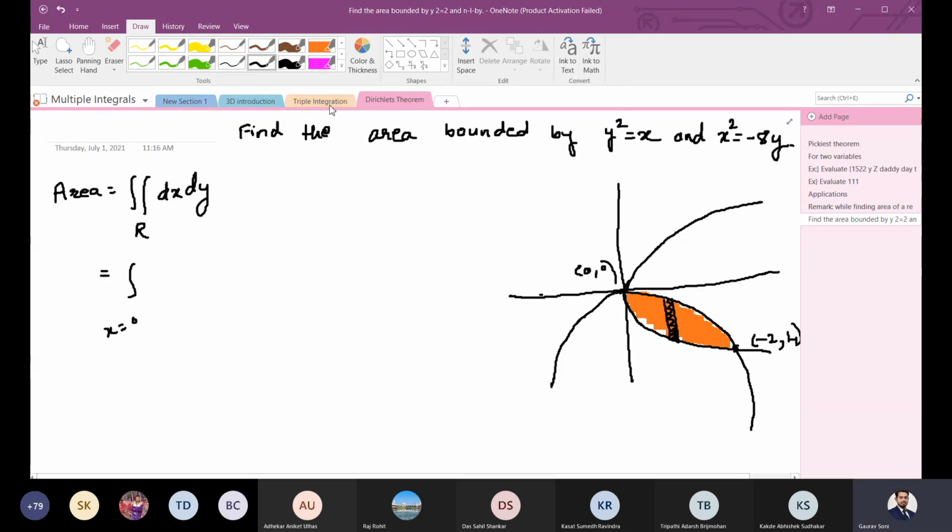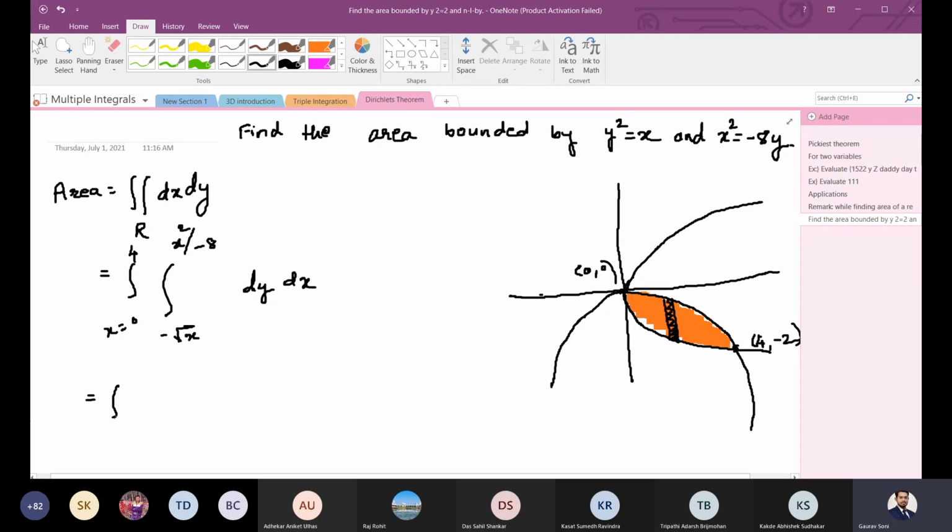Oh, I've done something wrong there. The point has to be 4 comma minus 2. X is running from 0 to 4. Y is running from this parabola, which is minus root x, to the upper parabola. The value of y is x square divided by minus 8, dy dx.